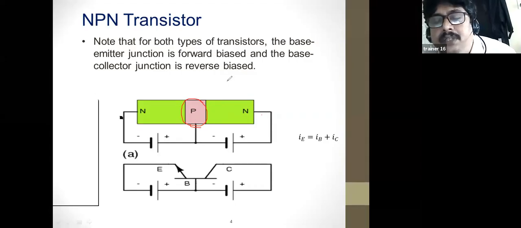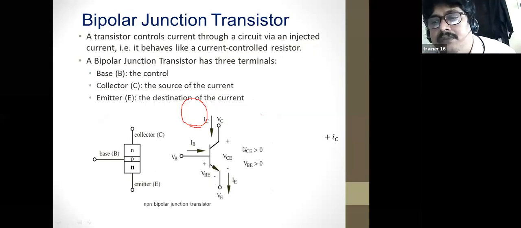What I said in the previous slide: if you see here, this is the voltage, VC, and here VCE and base emitter. It is showing, right? It's clear.